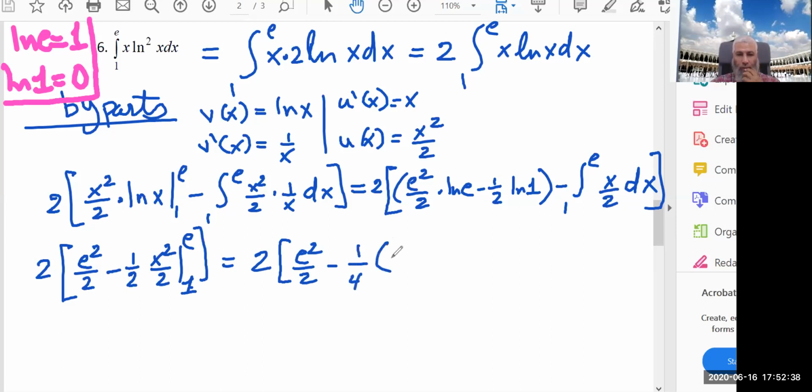X squared is e squared minus 1 squared, right? That's right, upper limit minus lower limit. So this is 2 multiply e squared over 2 minus 1 over 4 e squared minus 1.